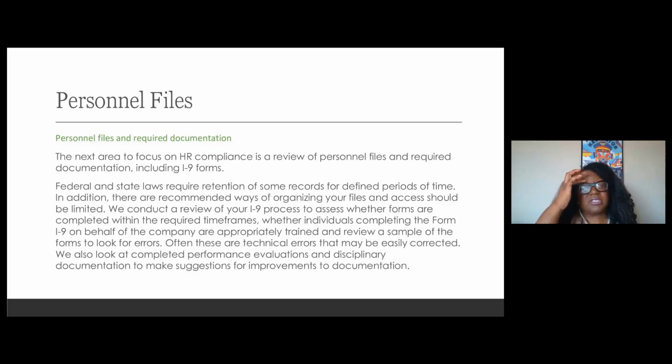So another one is personnel files. Remember, we talked about, so your candidates, your hiring managers are interviewing people, right? You're going to have in their personnel files, to start with, that application, a resume, usually a criminal background check, possibly the results of their drug test, their references, right?